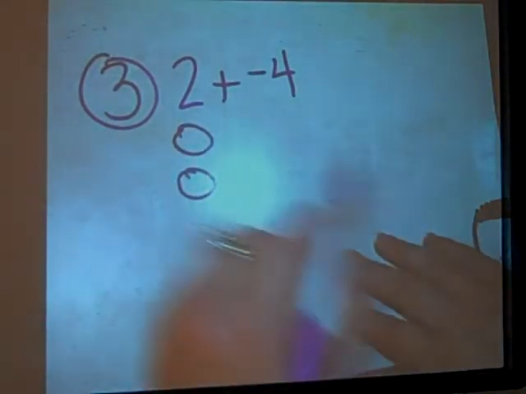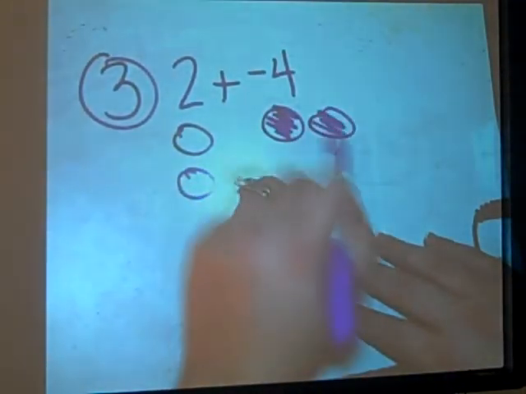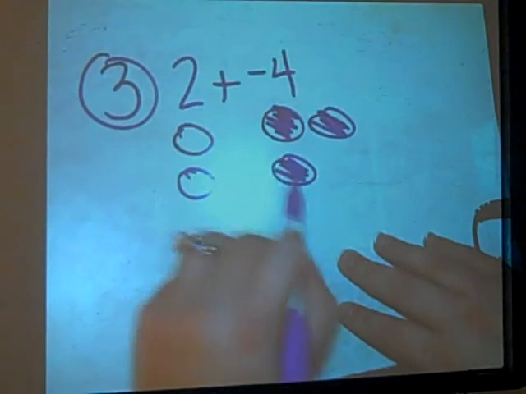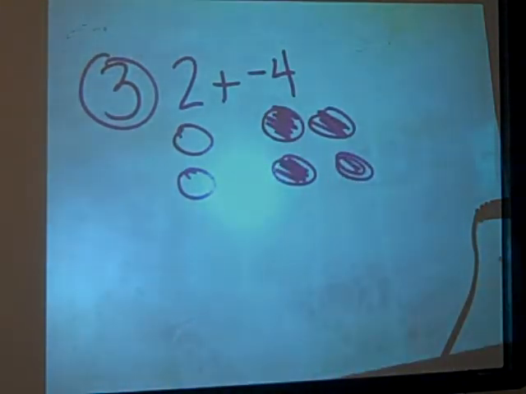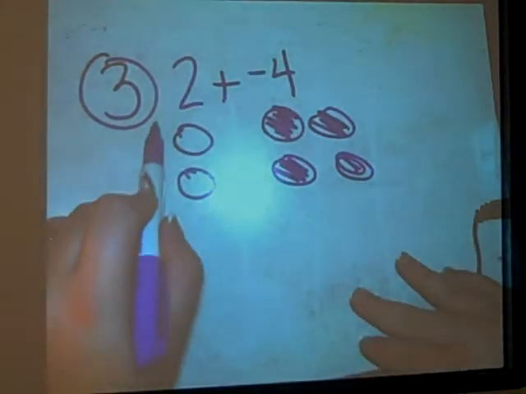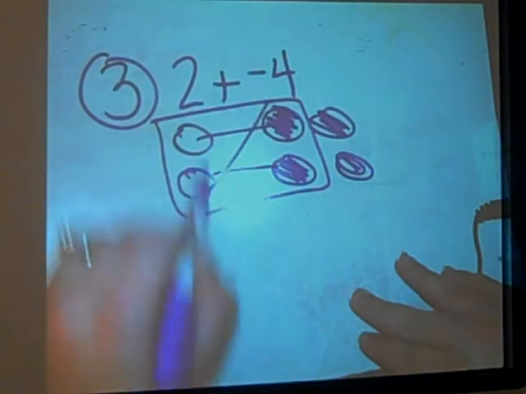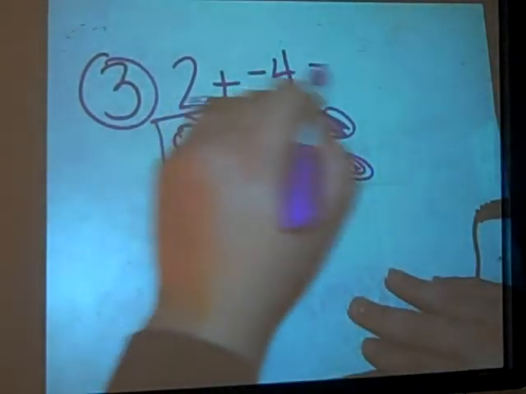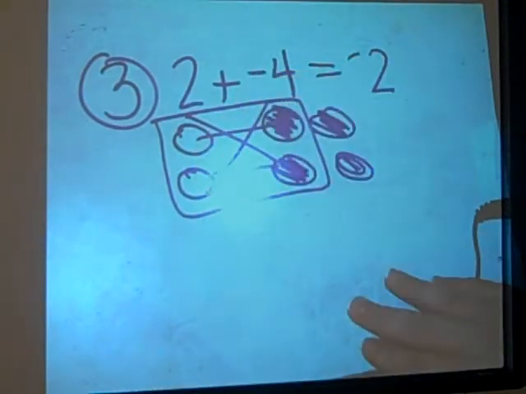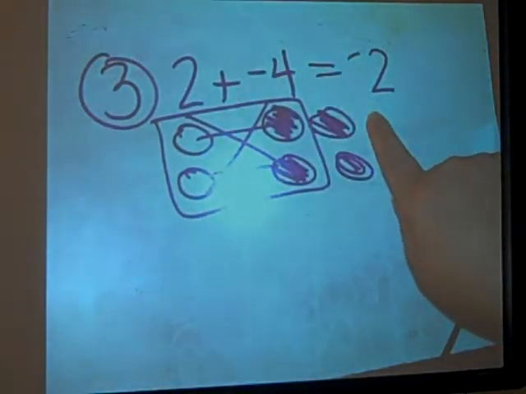My second number is -4, so I would want 1, 2, 3, 4 shaded circles. Then I need to see if I can create any zero pairs, and I can. I have 2 zero pairs right there. I take them away, and I have -2 left over. Therefore, the solution is -2. And notice how I always go back and identify what the solution is.